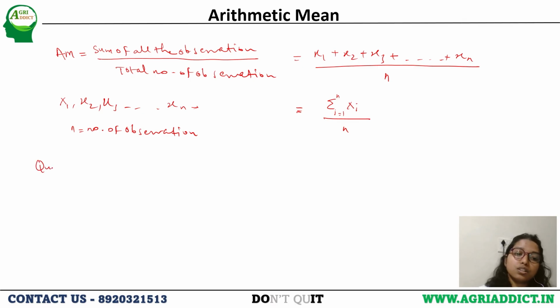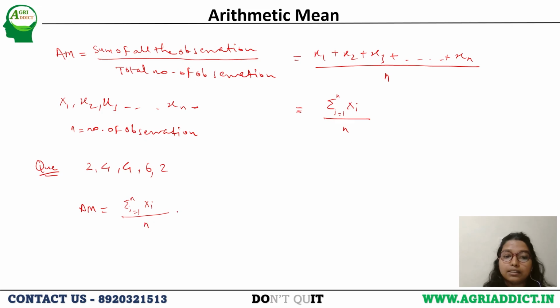Say we take a question and we have to calculate the mean. Say we have 2, 4, 4, 6, 2. This is our data, and now we have to calculate the arithmetic mean. The formula is summation of i equals 1 to n of xi divided by n.